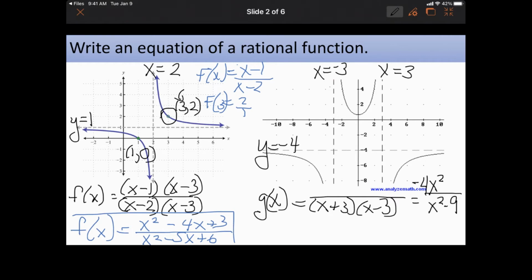Now, because of this, we know that the constant at the end is what makes the y-intercept. And the y-intercept looks about 1-ish or slightly less. So if you want 1, this is 9, so that would be a negative 9.